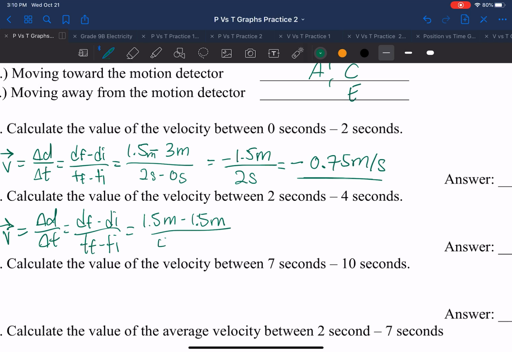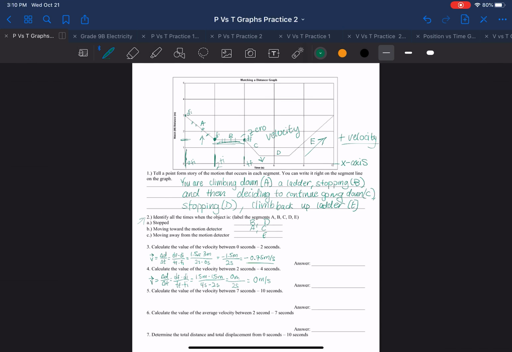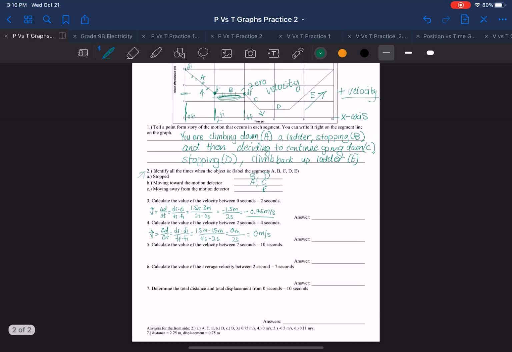Our time is 4 seconds minus 2 seconds. 1.5 minus 1.5, you get 0 meters. And then 4 seconds minus 2 seconds, you get 2 seconds. Zero divided by anything gives 0. And our units will be meters per second. So our velocity is 0, which we estimated because of that flat line. That flat horizontal line means 0 velocity. Okay, let's move on to the next one.